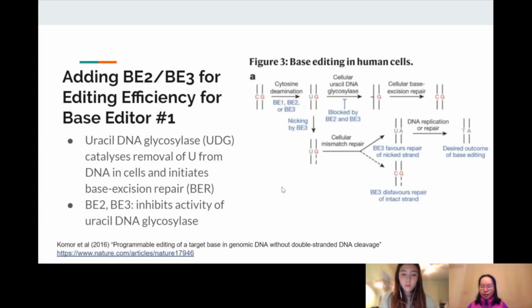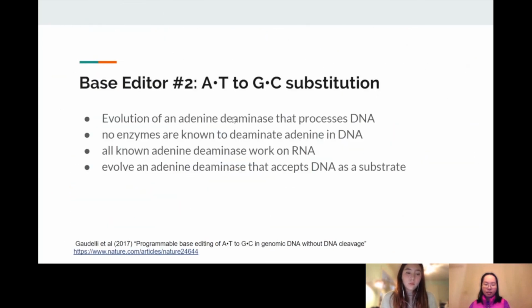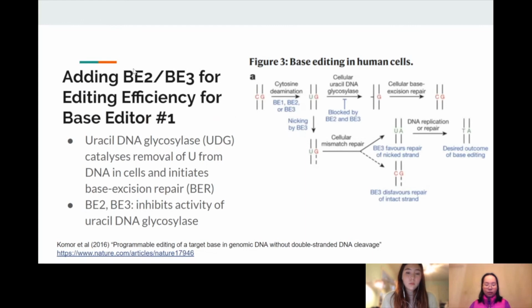Now, to enhance this system, for base editor 1, so base editor 1 is the one from GC to AT with the fusion of the cytosine deaminase, in addition to fusing that cytosine deaminase, they also added BE2B3, which is a protein that increases editing efficiency.